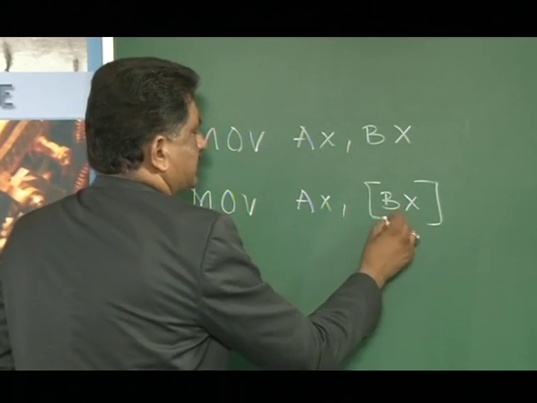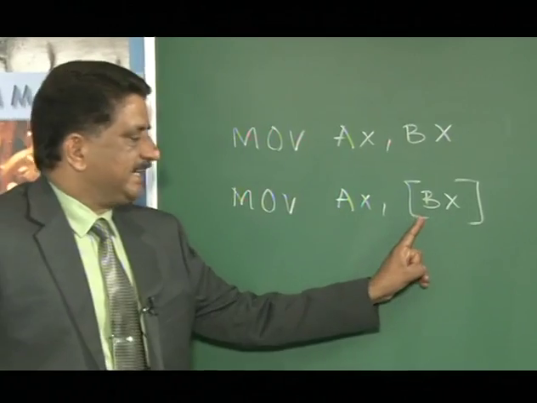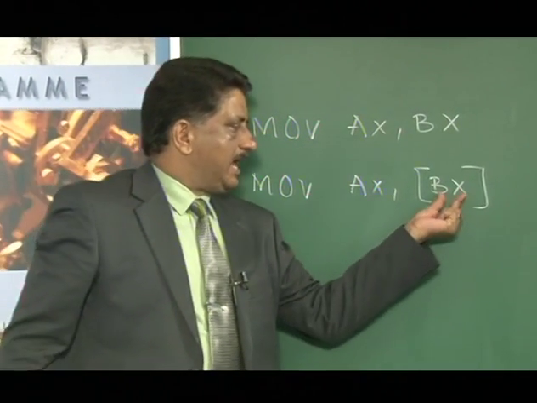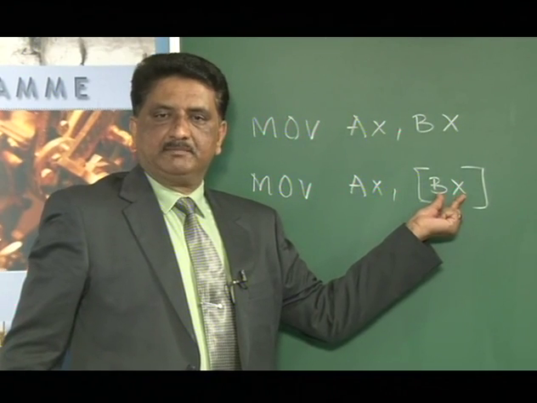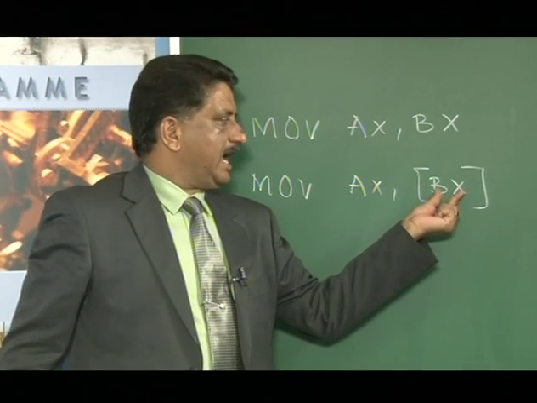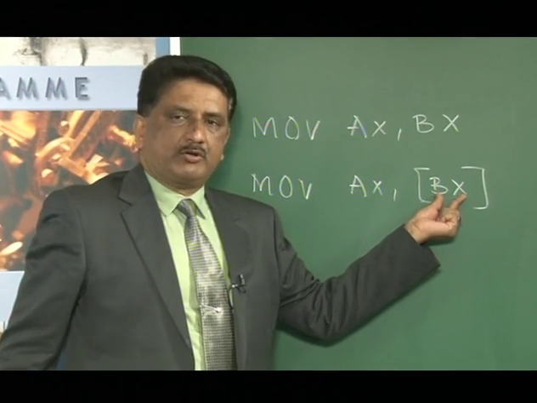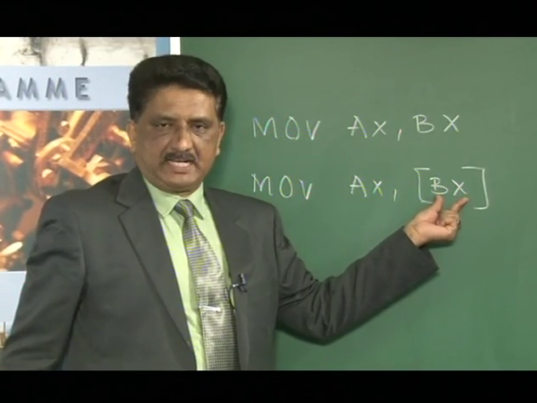Once you see the square brackets, it indicates that I am not copying the contents present in BX. I am interested in the contents of the memory location pointed to by BX.